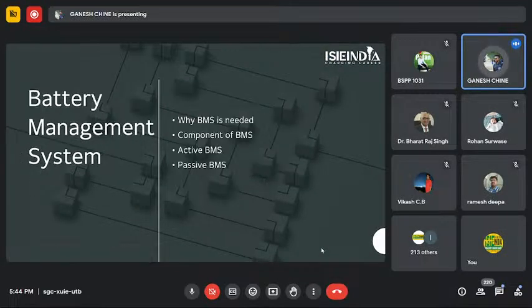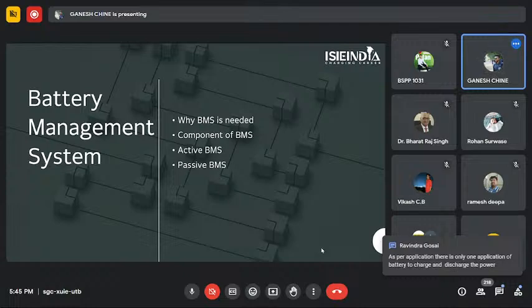The last one is the battery management system. Why do we need the battery management system? Because the battery management system is the brain of your battery pack.